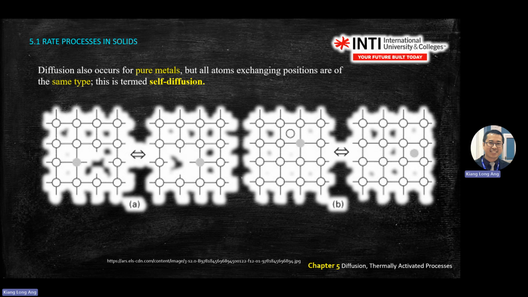Now the question for test 2 or final exam might come out like this. Explain how self-diffusion happens in BCC structure or FCC lattice. What do you mean by self-diffusion? Same atom, same size.